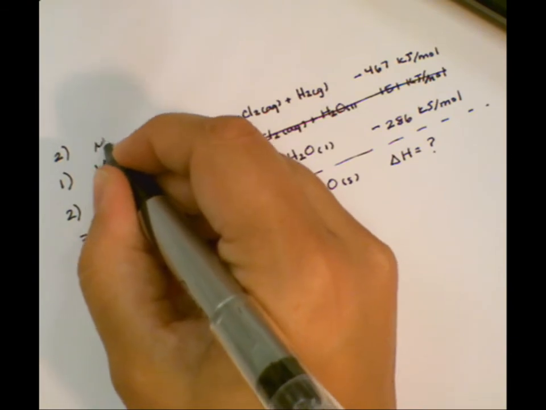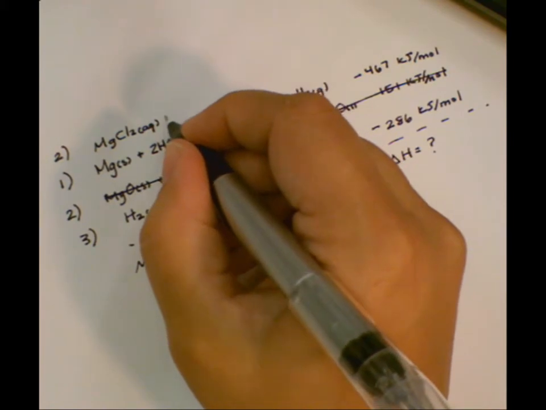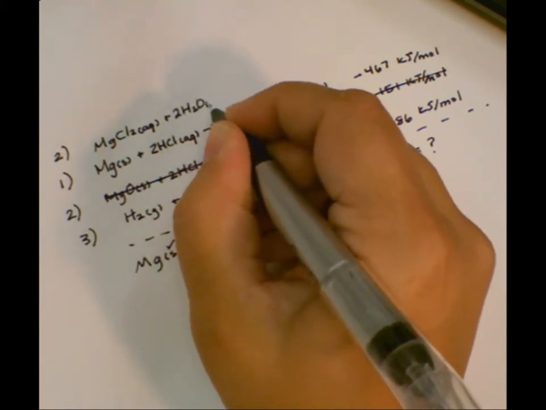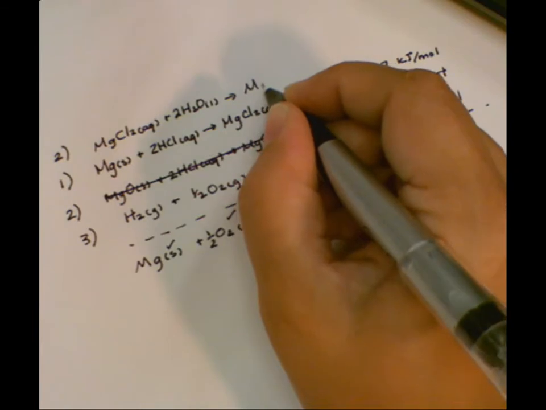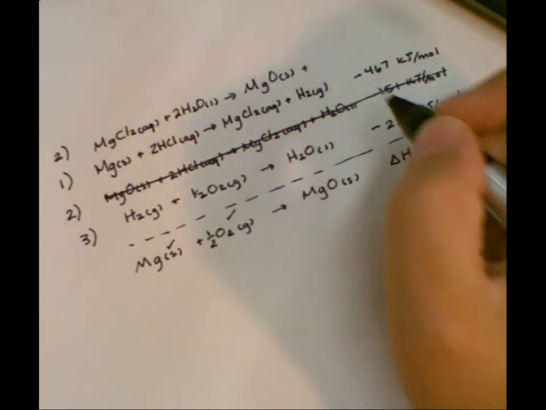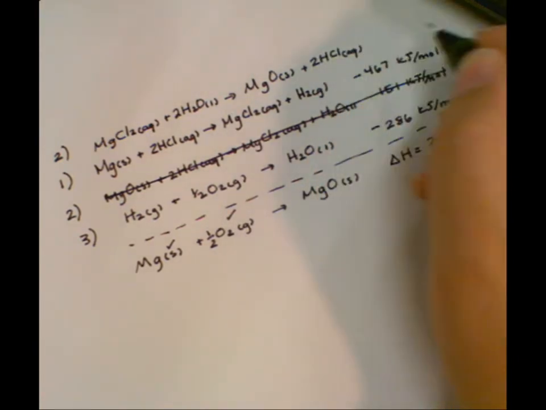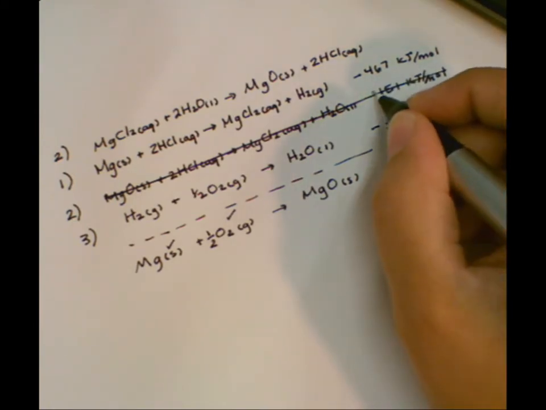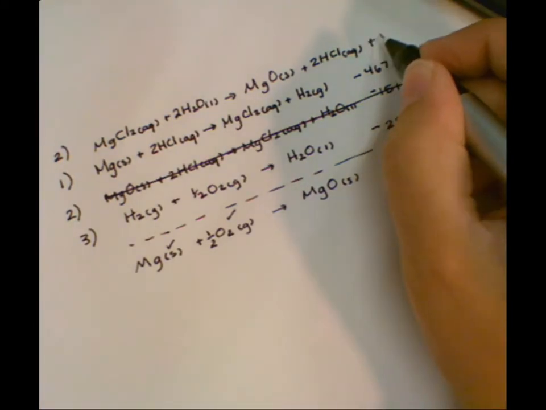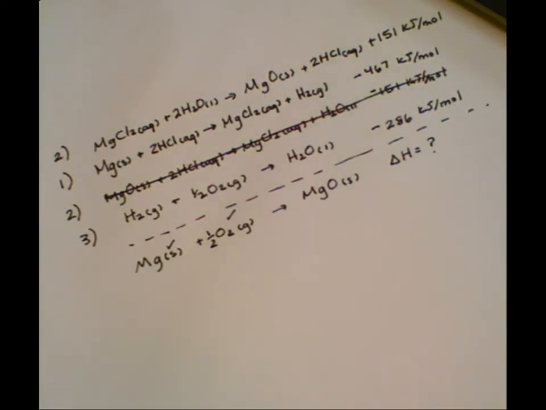So MgCl2 aqueous plus water gives us MgO solid plus 2HCl. And now, because I reversed the equation, this had been a negative 151, it now becomes a positive 151 kilojoules per mole. And so magnesium oxide is now on the correct side of the equation.